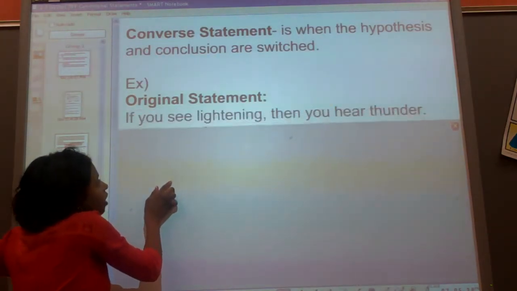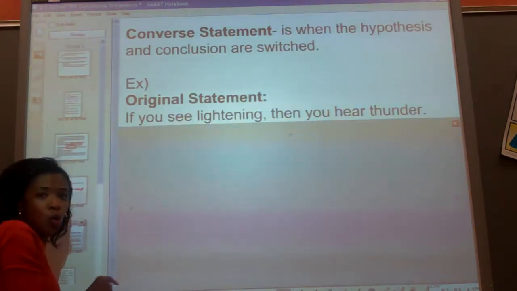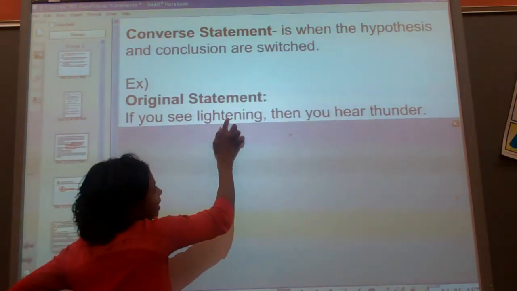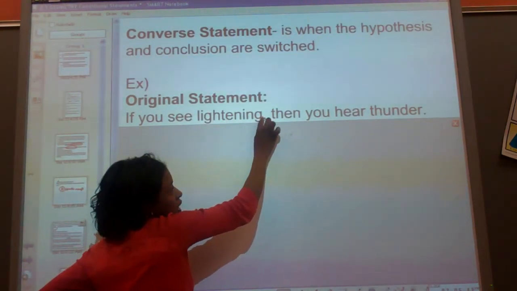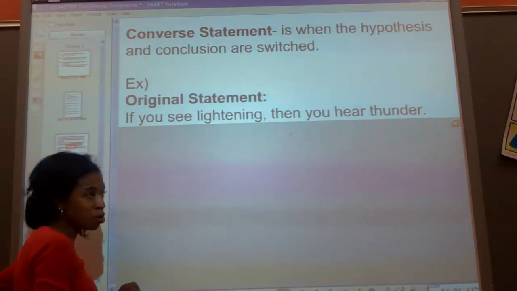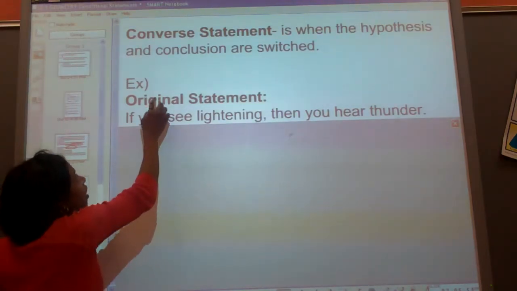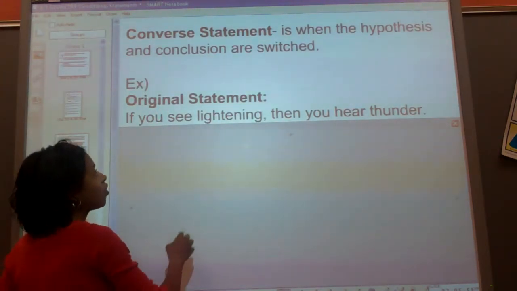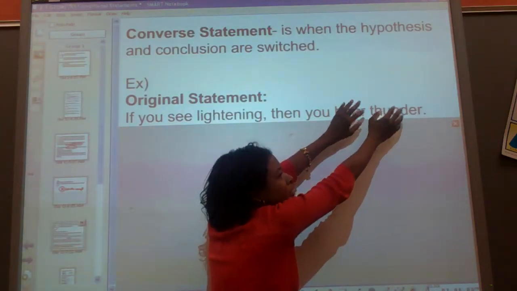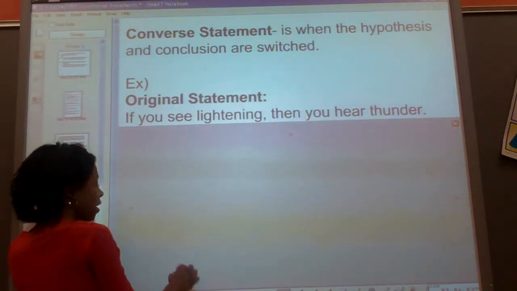For example, if this is my original conditional statement, if you see lightning, notice the comma, then you hear thunder. That's the original conditional statement. The converse says now that I have to switch the hypothesis for the conclusion and the conclusion for the hypothesis.